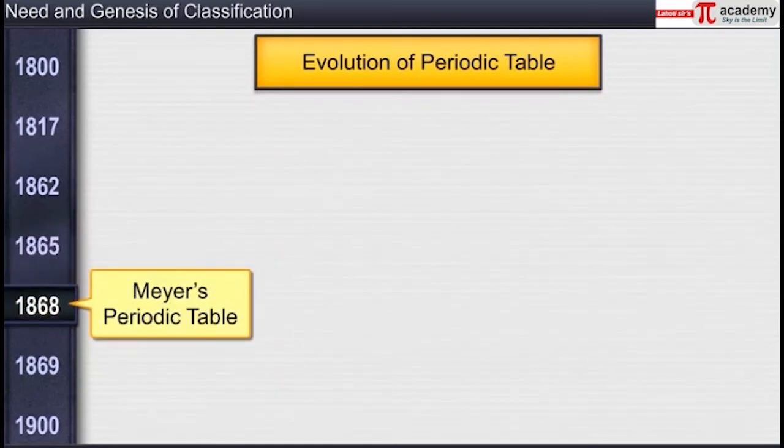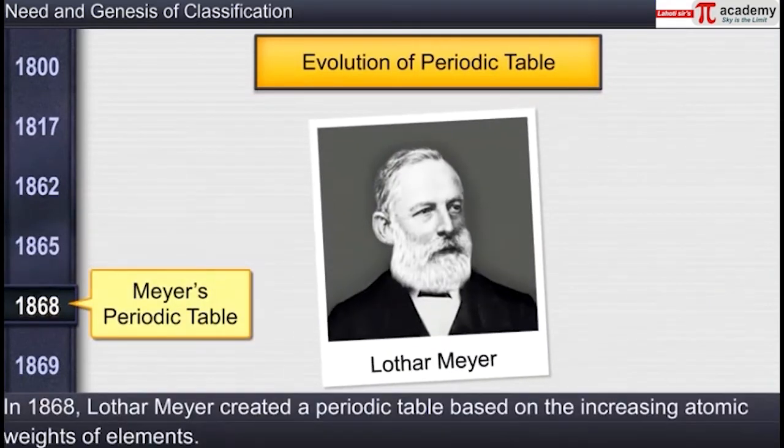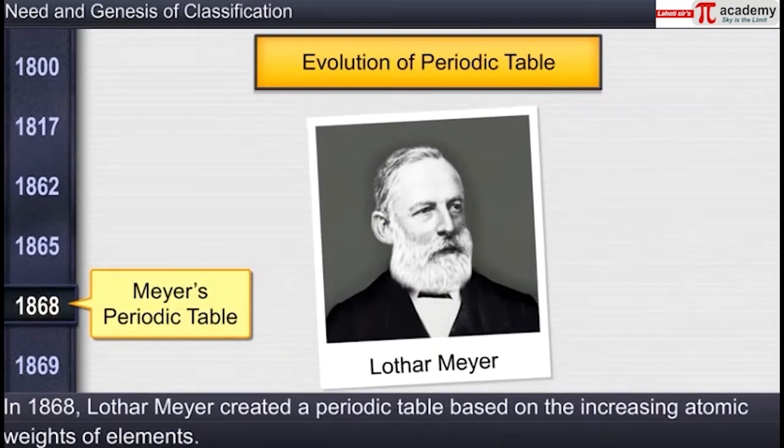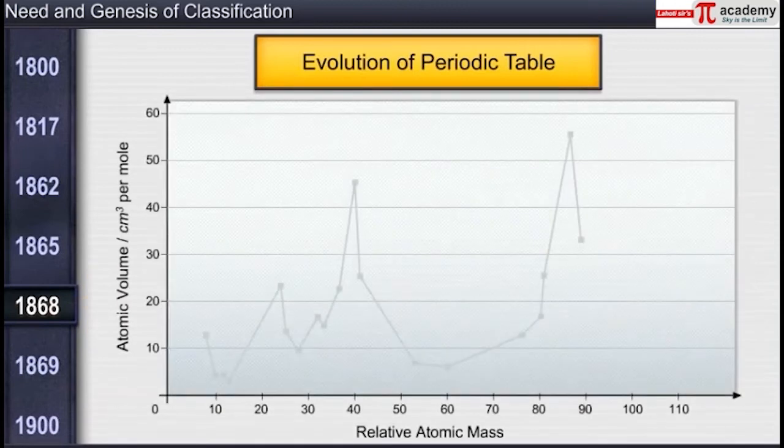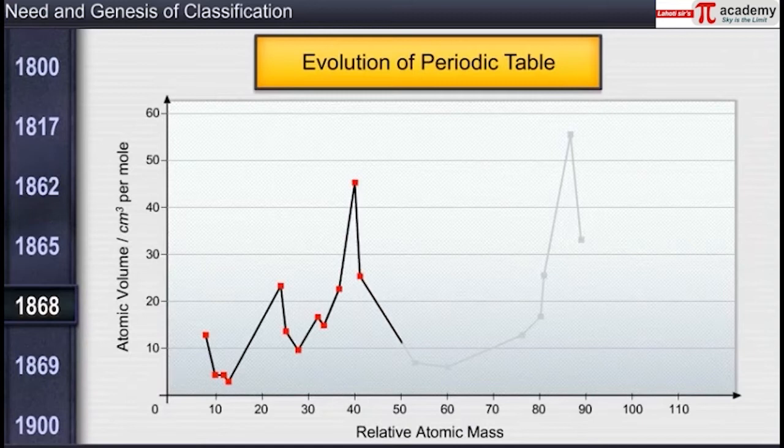This led the German chemist Lothar Meyer to develop a table of the elements that closely resembles the modern periodic table. He observed a periodically repeating pattern of chemical and physical properties against their atomic weight, while analyzing atomic volume, melting point, and boiling point of elements.